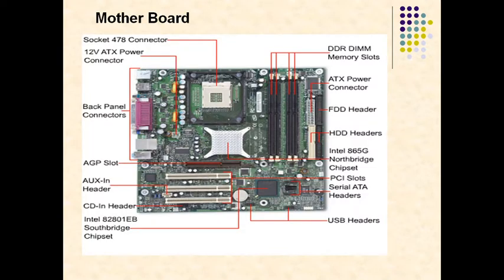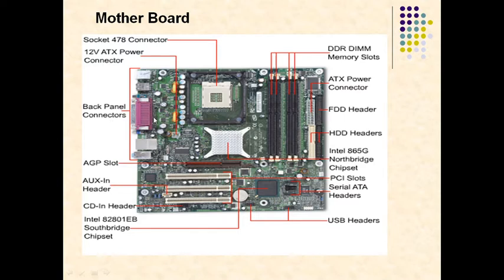So this is the slide showing the picture of a motherboard. You can see the motherboard picture here in this slide. Here we have the motherboard inside the computer system, that is, the CPU box. When you open the CPU box, the motherboard will be like this. So these are the different parts of the motherboard you can see here. Socket 478 connector, 12V ATX power connector, back panel connectors.